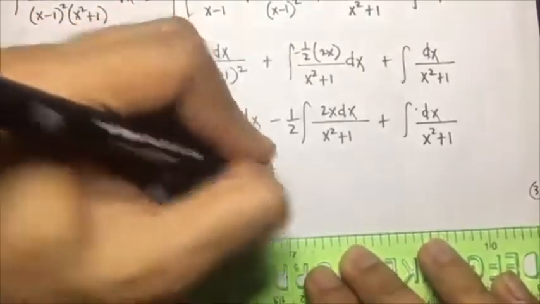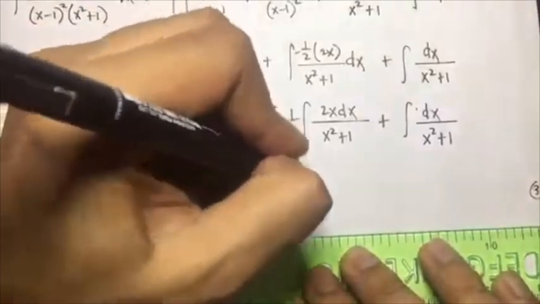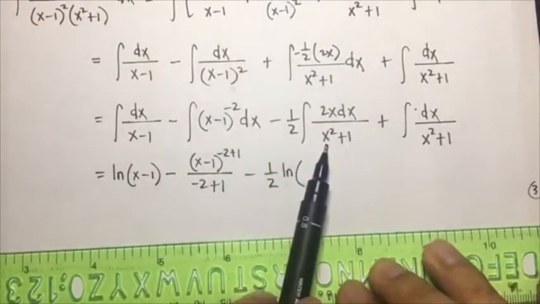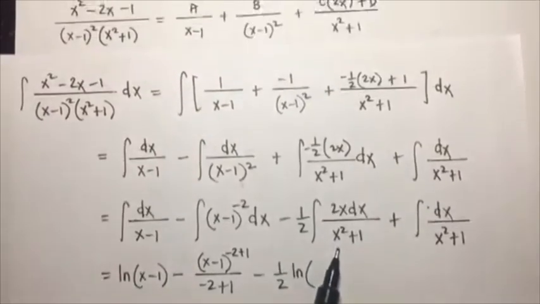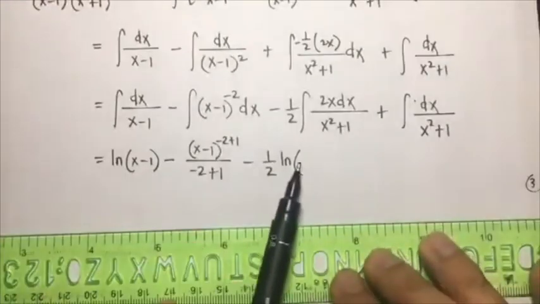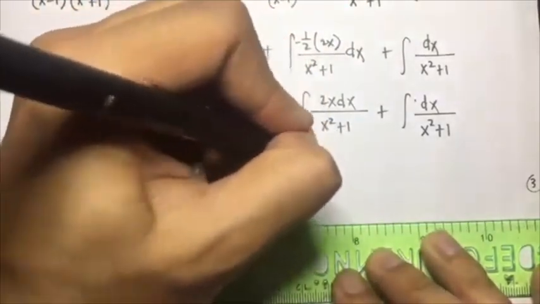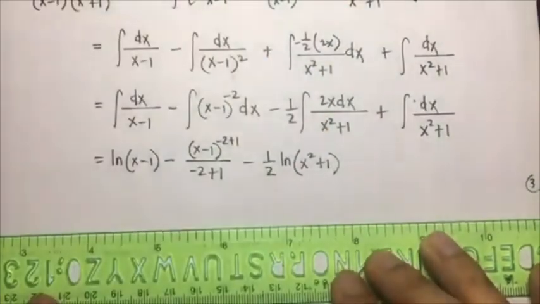Checking, the u part is the complete differential of x minus 1, so no need to add any constants whatsoever. Then minus 1/2 ln of, as you can see here, the numerator is the complete differential of the denominator, so we'll have ln of x squared plus 1.